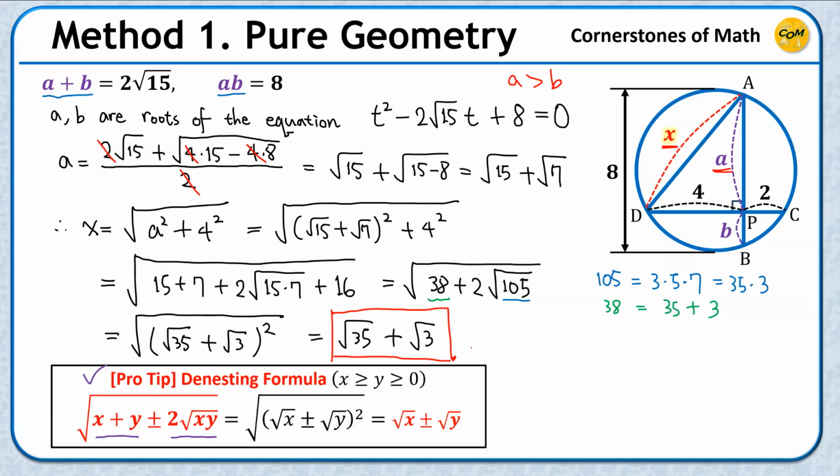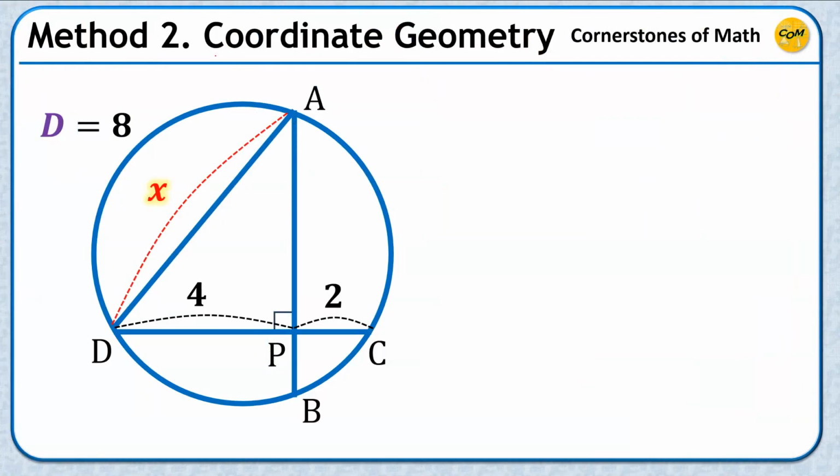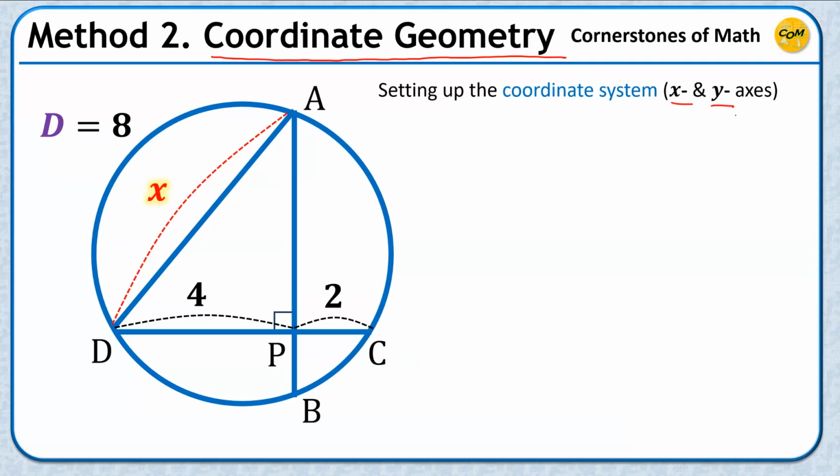However, this is not the only way to solve the problem. The thing is, this problem has another fancy way of solving it, namely the coordinate geometry. When it comes to coordinate geometry, the first important step is to nicely set up the coordinate system, that is x and y axis.